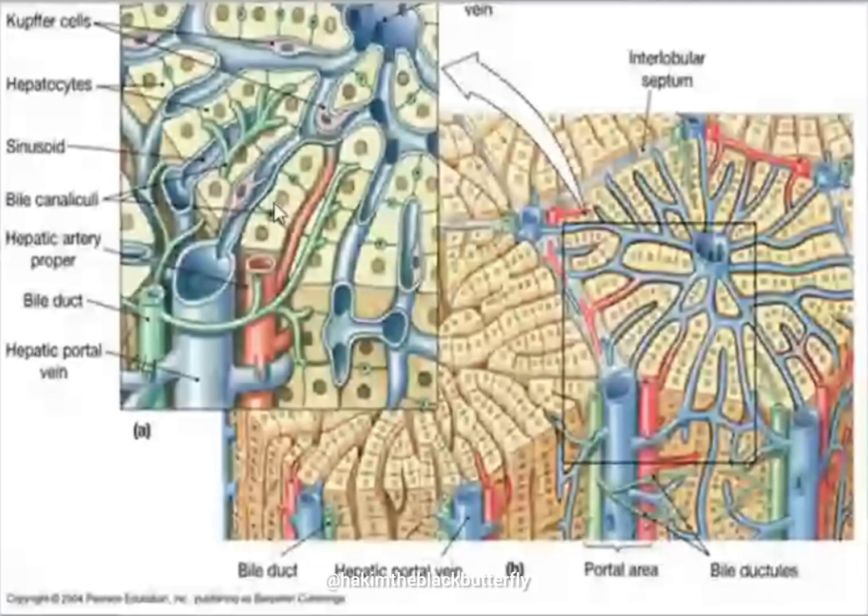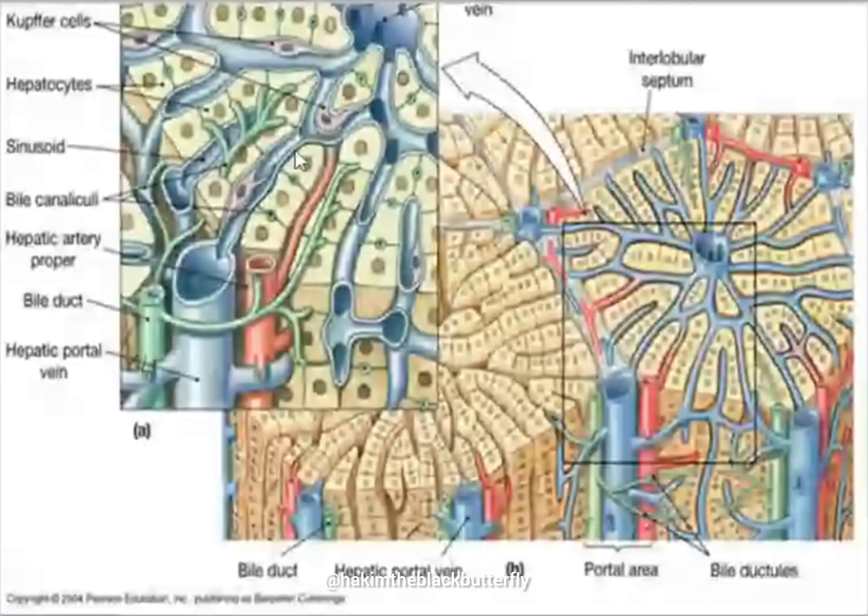And when substances are moving from the sinusoids to the hepatocytes, they traverse that small space.